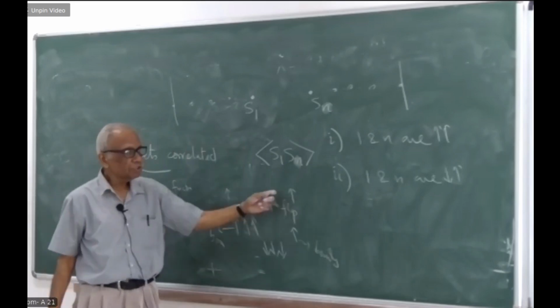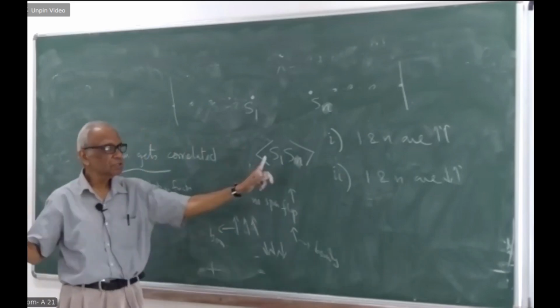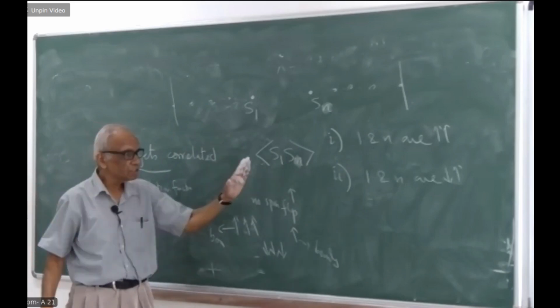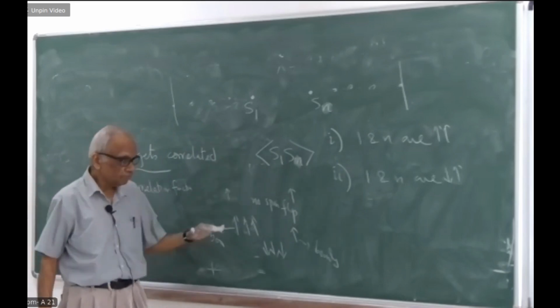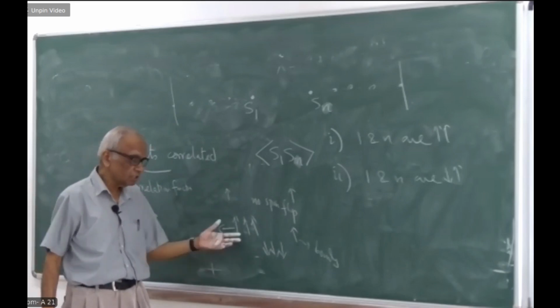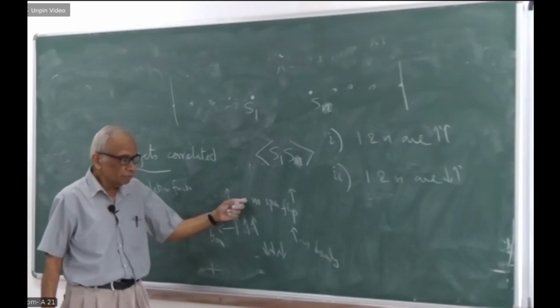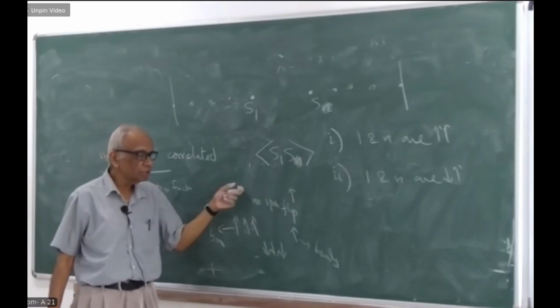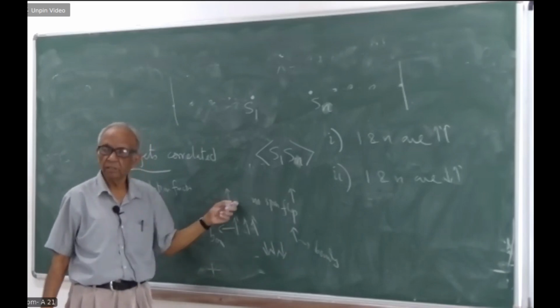So I'm considering a case where S1 is up and Sn is up. If I look at the intermediate configurations of spin, no spin flip is allowed. You just have all of them in the same direction in between.